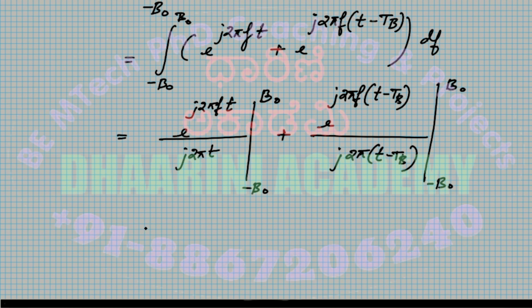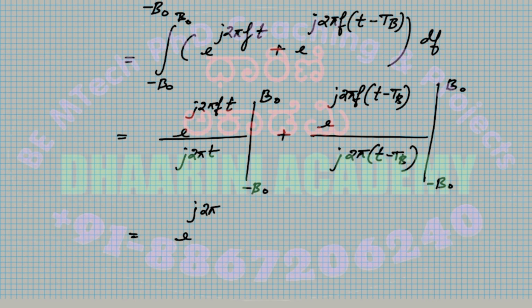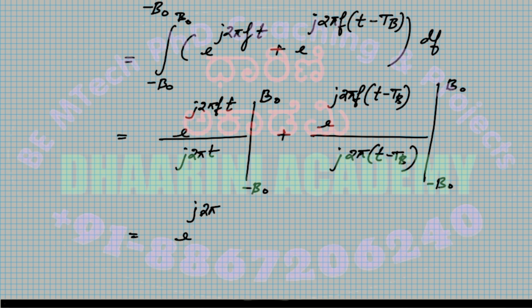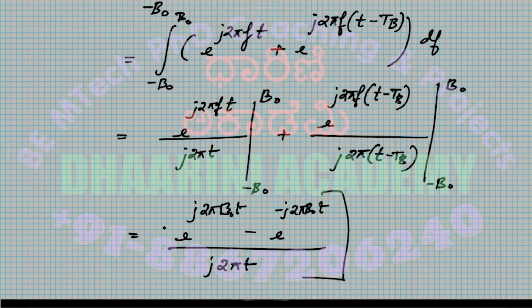Right, now I have to write in the following fashion. I'll divide by the common number, that's fine. So e to the power j 2 pi B naught t minus e to the power minus j 2 pi B naught t, all divided by j 2 pi t. That's the first term, the reduction of the first term. Then write the second term.